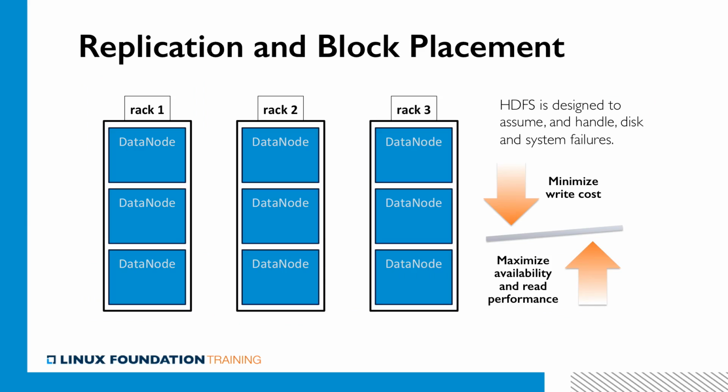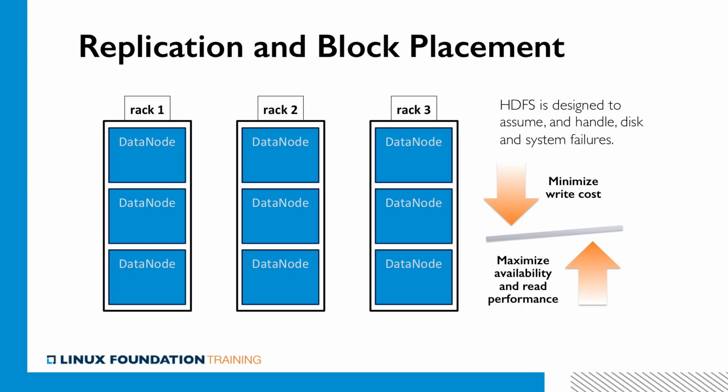The replication strategy employed by HDFS is actually pretty sophisticated, because HDFS is designed to assume that disk systems and networks all fail at different times. As a result, HDFS is also designed to automatically and transparently handle these failures. It does so not only by automatically replicating data across different data nodes, but also taking into account the probabilities of data corruption on the data nodes where the blocks reside.